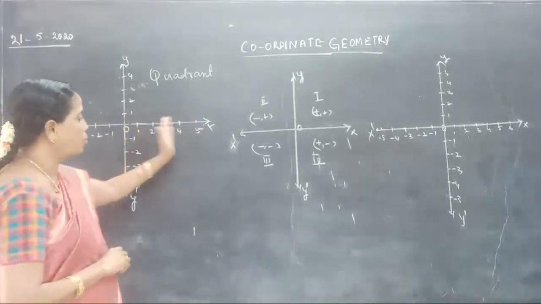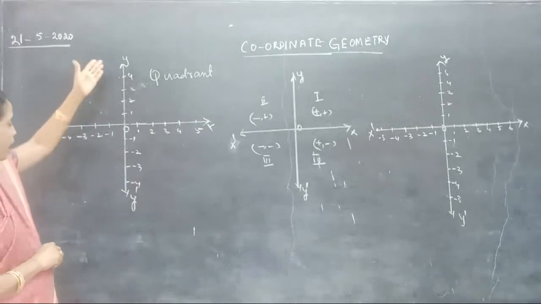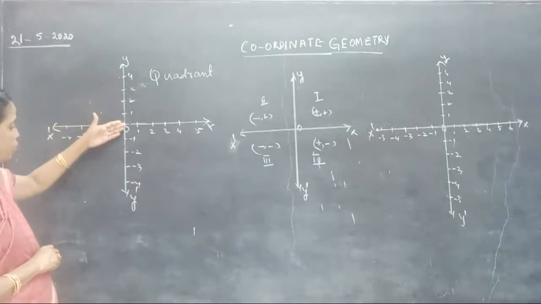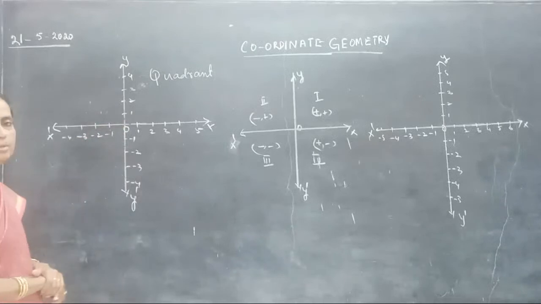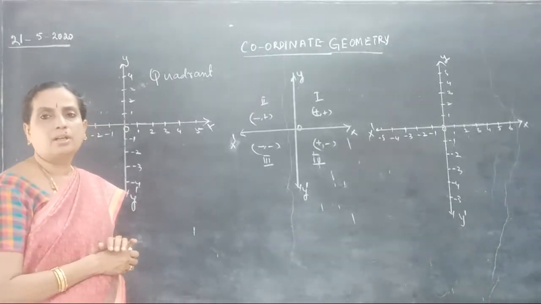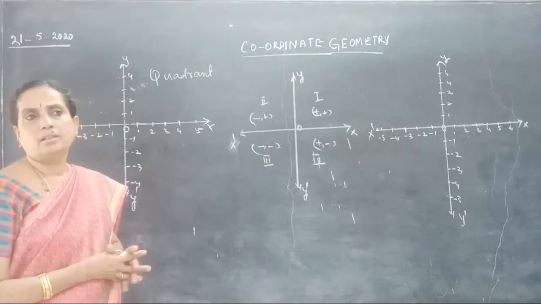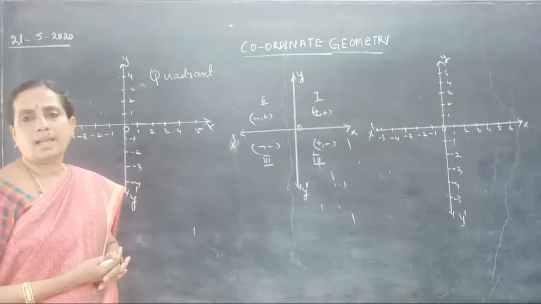Along the x-axis you have positive and negative values. The y-axis again has positive and negative values. So the numbers we are going to place in an order according to the sign. Then how to recall the sign here?